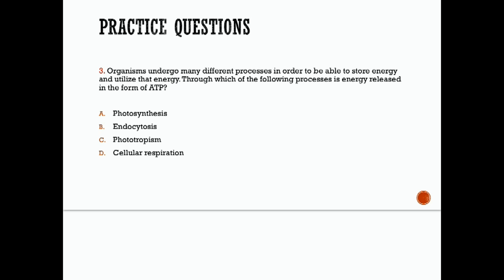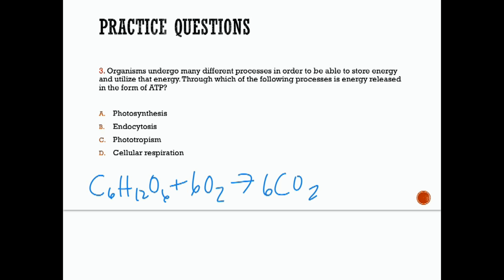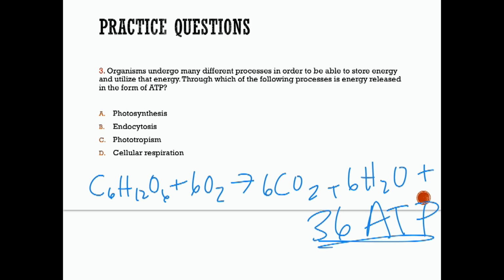Okay, so if you remember what we've been talking about, cellular respiration, the equation is C6H12O6, so it's that glucose, okay, plus the oxygen gas, and it's going to produce or yield the 6 carbon dioxide plus 6 H2O, which is your water, plus, and then actually 36 ATP.